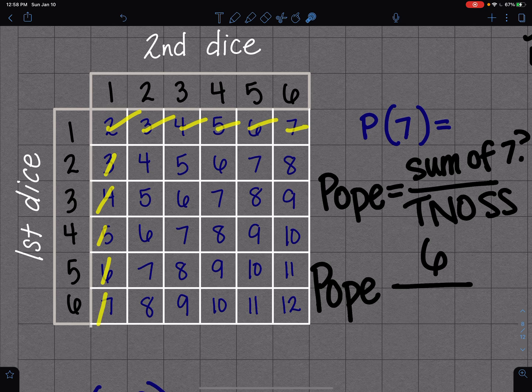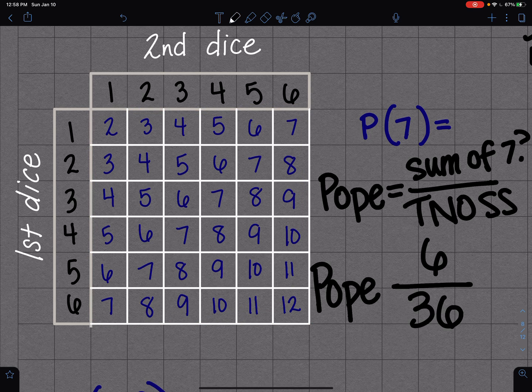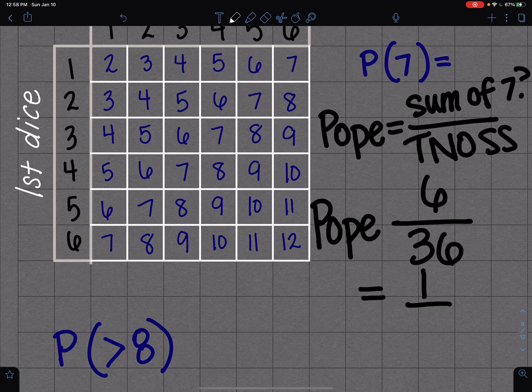So there's 36 squares here. Any of those could happen. So it's going to be 6 over 36. So your chances of getting 7 to be the sum is 6 out of 36. And if you simplify that, it's going to be 1 out of 6. Okay? Okay, so that's the answer for the first part.